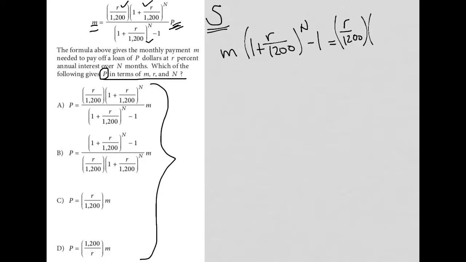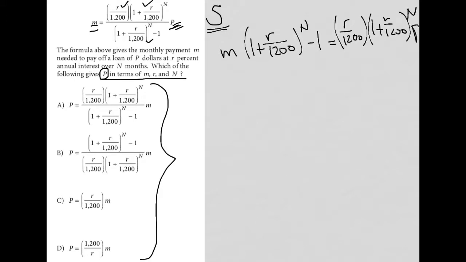If I multiply both sides by the denominator, what I'll end up with is M times parentheses 1 plus R over 1200 to the nth power minus 1, and that's going to equal R over 1200 in parentheses, 1 plus R over 1200 close parentheses to the nth power.